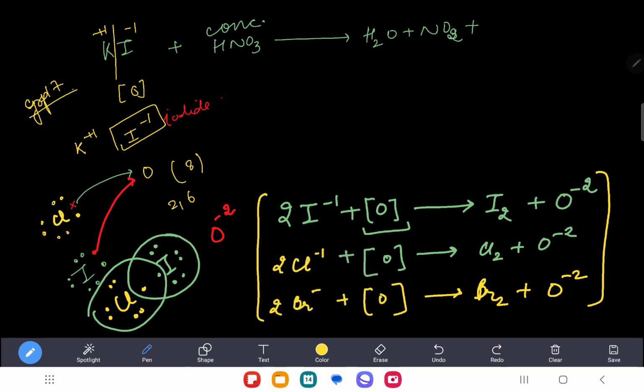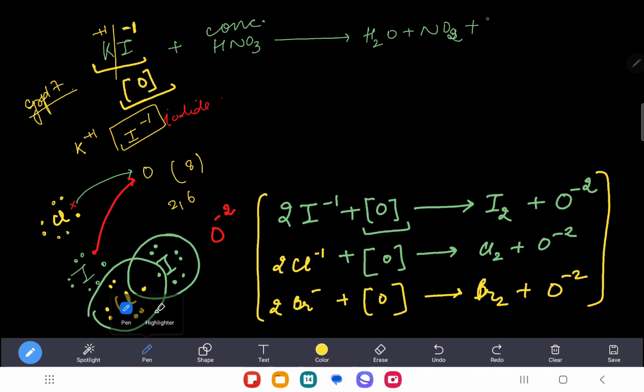So what should I write here as a product? That ma'am, when KI comes in contact with nascent oxygen, I know that I negative and O is there. So what exactly does that mean? That we have I negative and that I negative shall combine with oxygen. You understand?